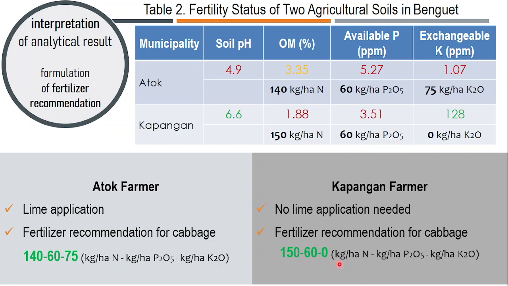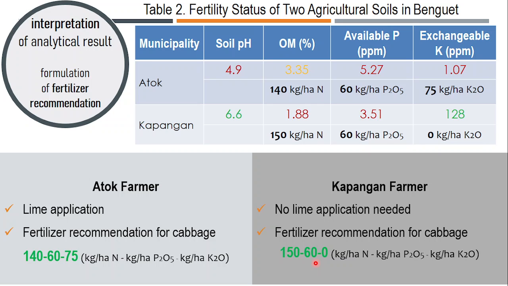Okay. Paano naman kung yung area ng farmer is half hectare lang? Ito naman is nasa 1 hectare basis. Ano ang gagawin niya? And paano kung urea and superphosphate ang available na fertilizer niya?